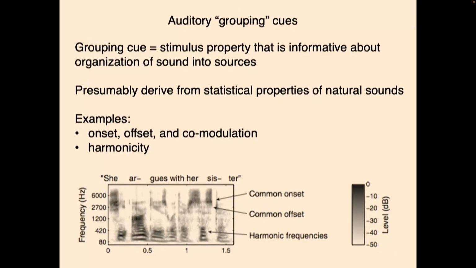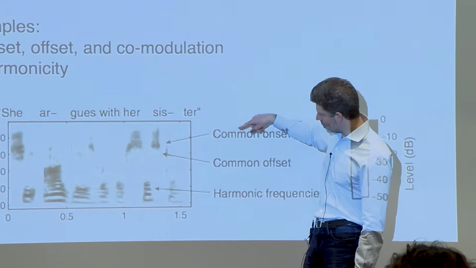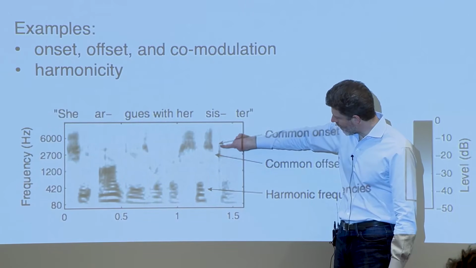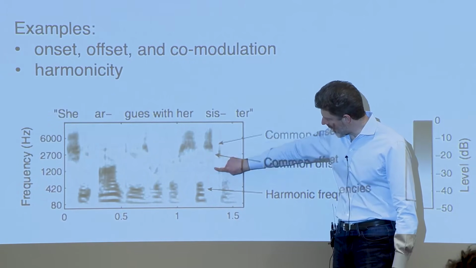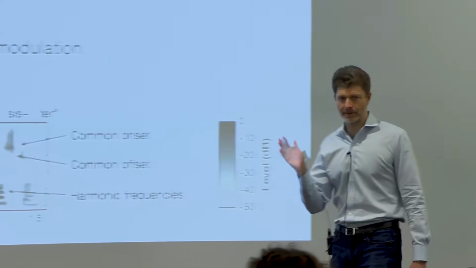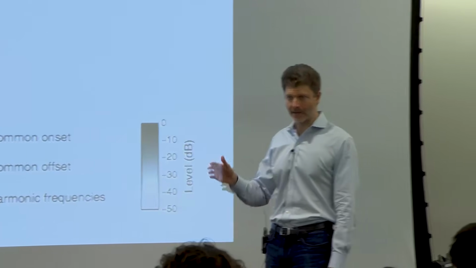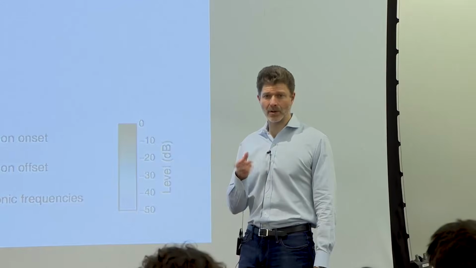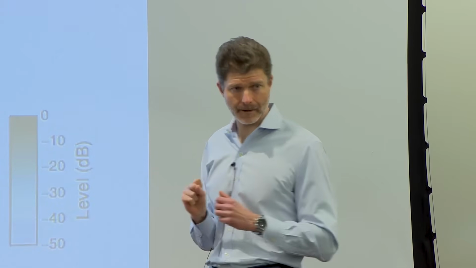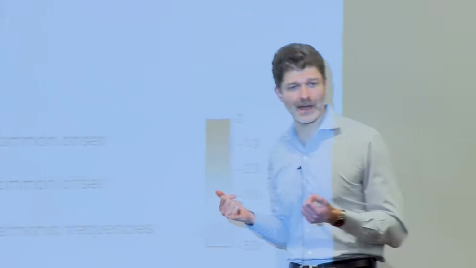This is just a cochlear representation of a speech signal. You can see these patterns where the energy begins and ends across a wide range of frequencies more or less at the same time. So there's a common onset or a common offset. That's because people open and close their mouth, and so you get a termination of energy or a burst of energy. That common onset and offset is something that happens a lot in natural sounds.